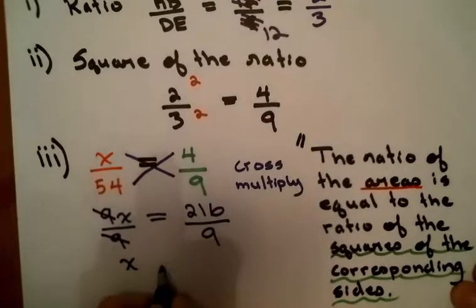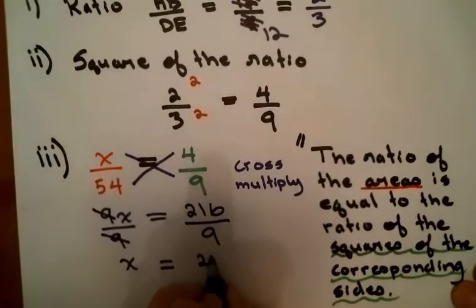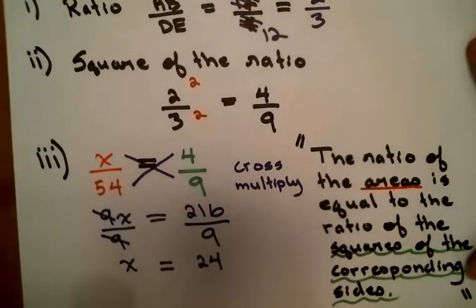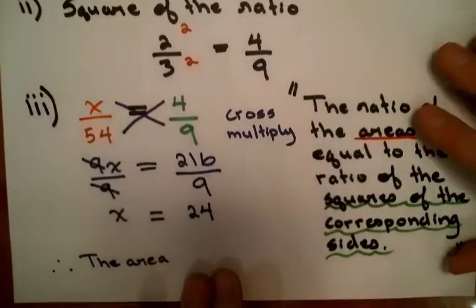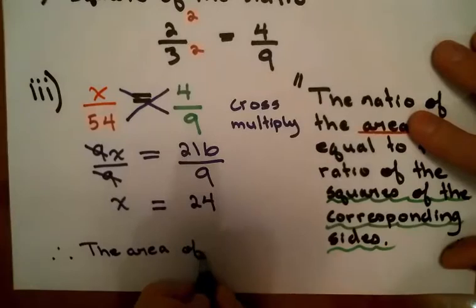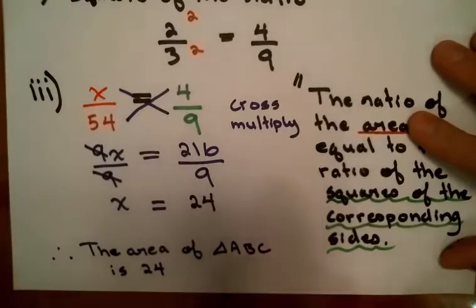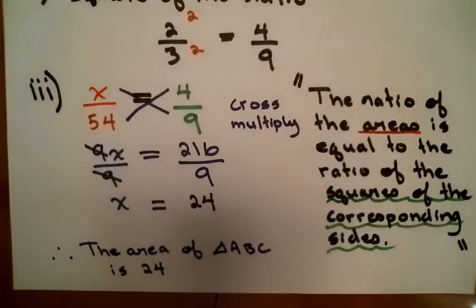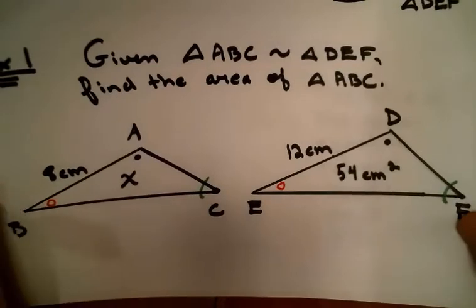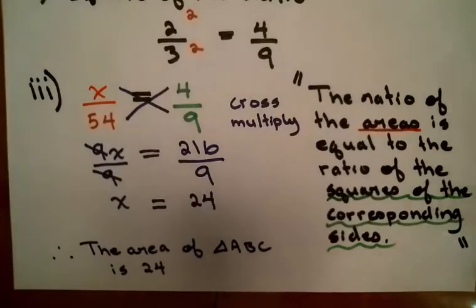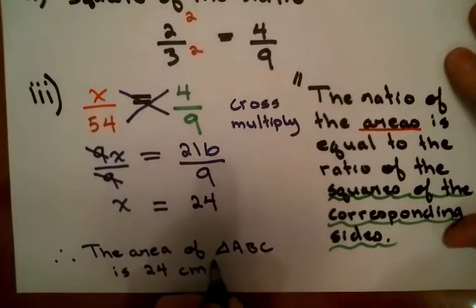You're left with x equals 24. And then you interpret, we said earlier that x was the unknown area of triangle ABC. So the area of triangle ABC is 24. And a lot of people will stop here, but again, go back and look at your diagram and get your units. We're dealing with centimeters, so an area would be centimeters squared. So the area is 24 centimeters squared.